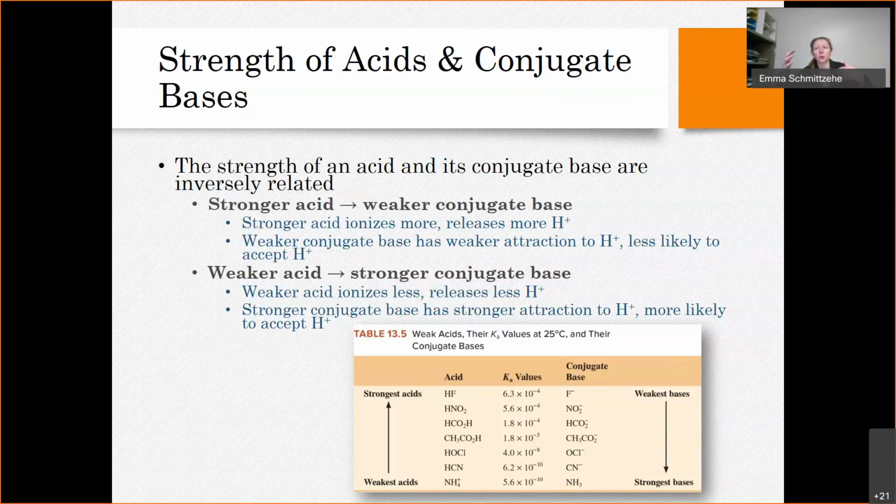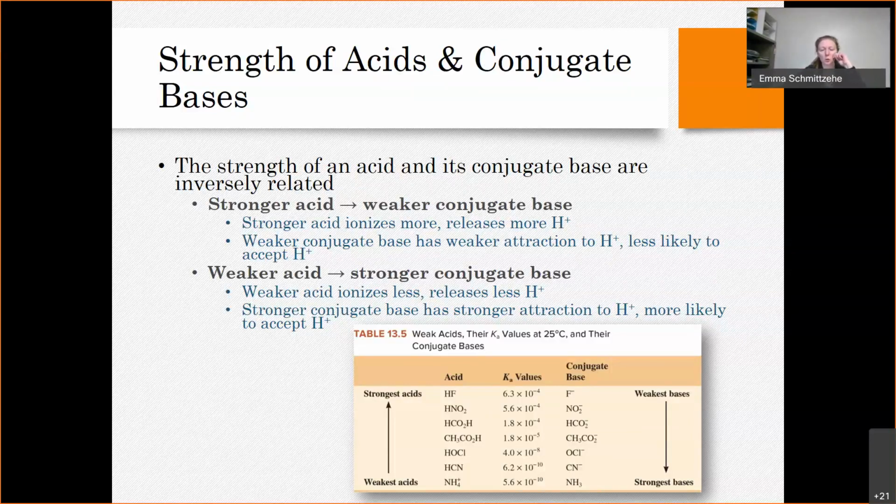But their strength has kind of an inverse relationship.